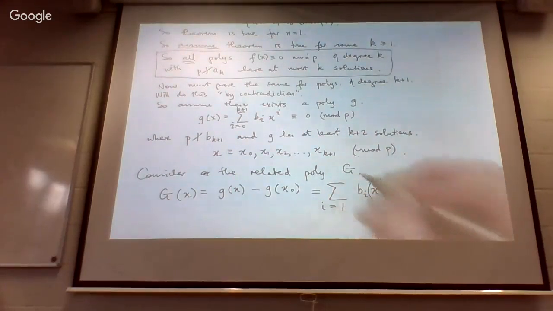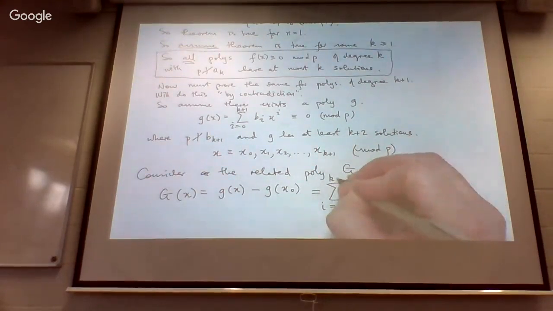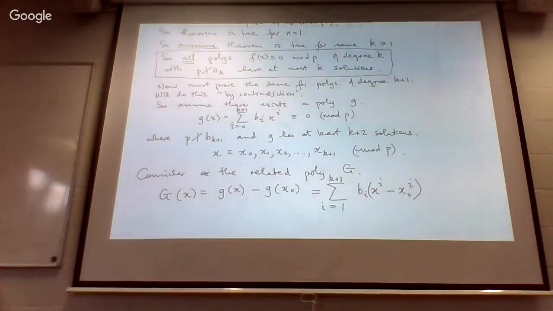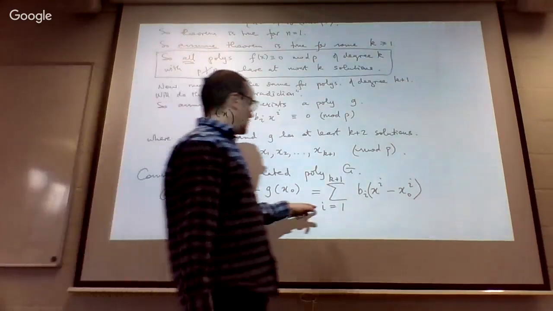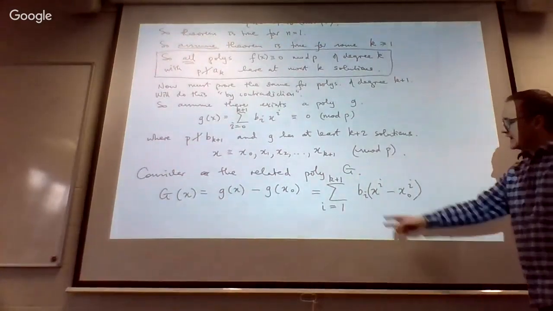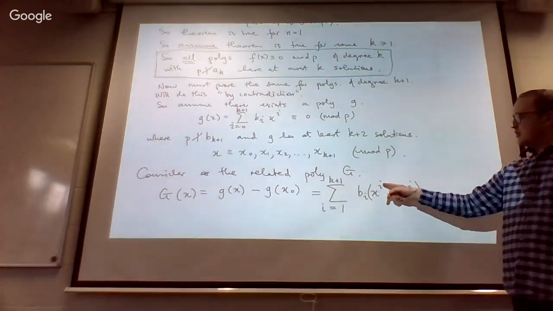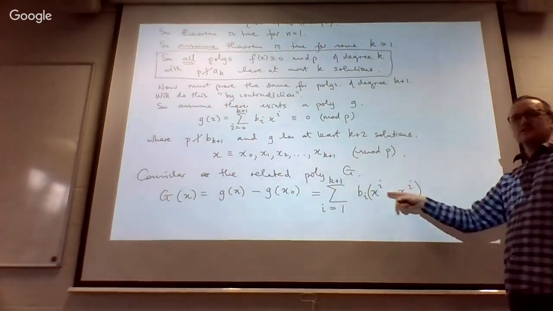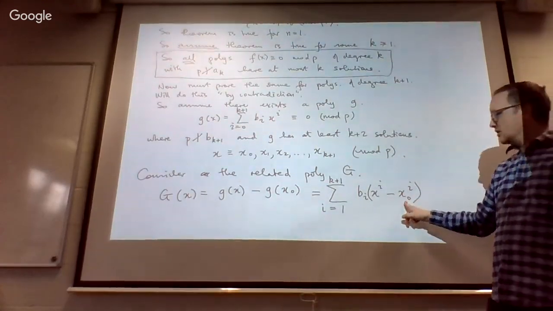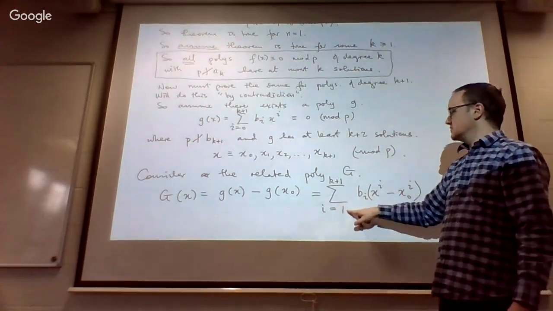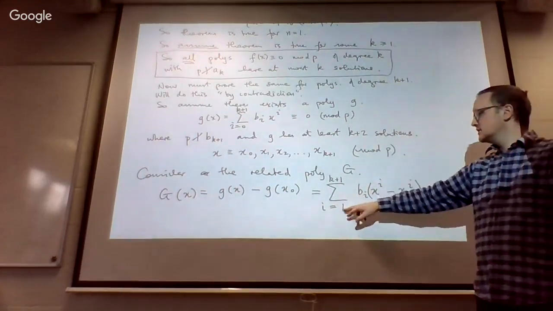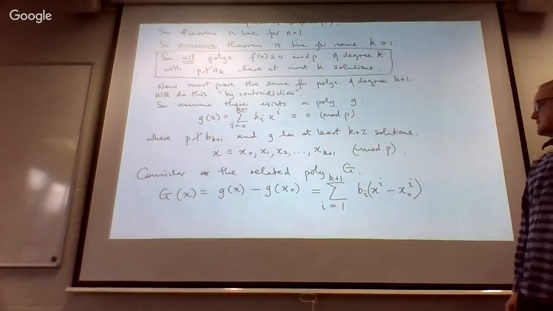We can actually begin this sum at 1, going up to k plus 1. I don't have to start at 0, because when i equals 0, you've got x to the power 0, which is 1, and x naught to the power 0, which is 1. So you've actually just got 0 in this bracket. You could do this sum starting at 0, but there's just a 0 there anyway, so I may as well start at 1.